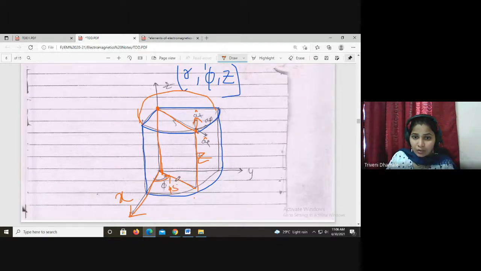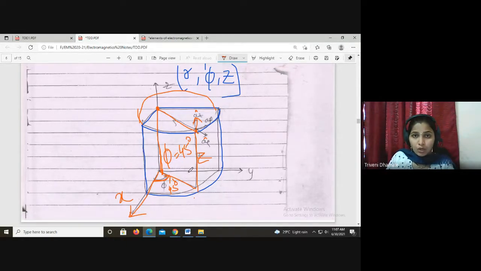On this cut plane, this cut section is at an angle of 45 degrees. That means all over this plane, the value of phi is equal to 45 degrees. So that is also known as the phi constant plane. Okay, we will see that one by one.